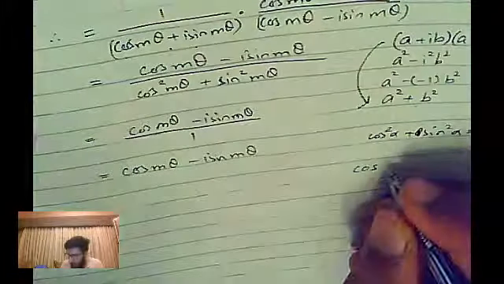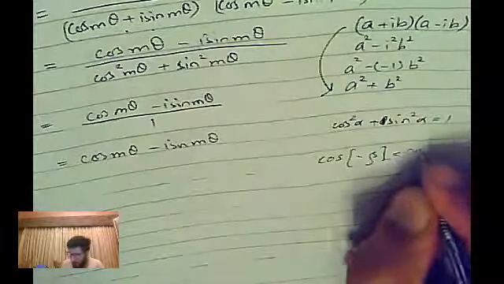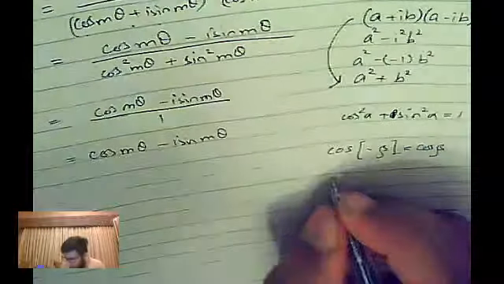Now I'm going to ask you a question. What happens when the angle inside the cos is a negative number? Cos absorbs the minus sign. But what happens when the angle of a sine is negative?